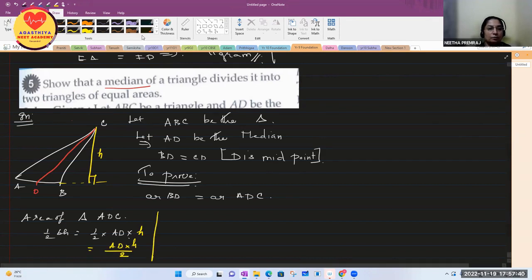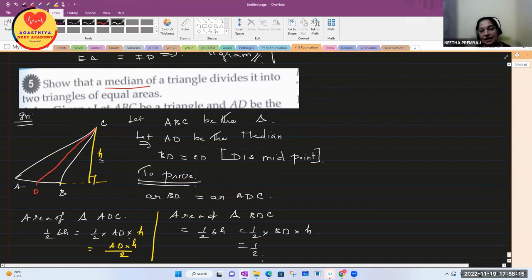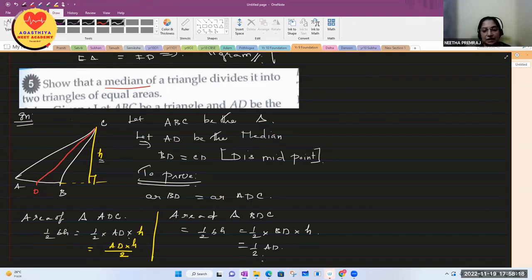Now come to the other triangle. Area of triangle BDC is half base into height. I take the base as BD, and you can take the same h, the perpendicular height from the opposite vertex to the base. Instead of BD you can write AD, because AD is equal to BD.